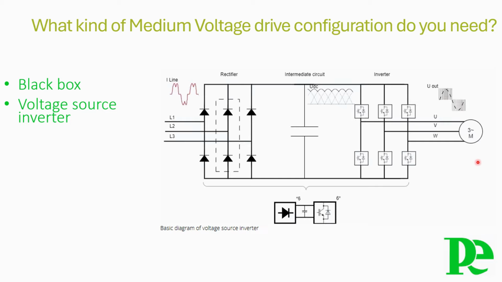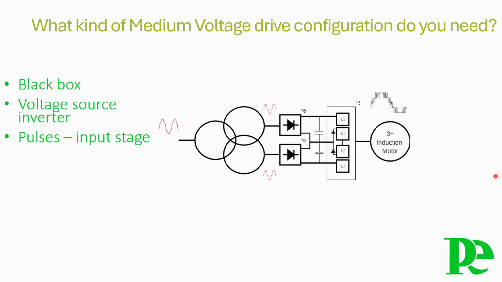In fact, when referring to a 6-pulse drive, we relate to a standard rectifier bridge containing 6 diodes, resulting in a 6-pulse DC voltage. The three-level drive depicted in this figure is made up of 2 6-pulse rectifiers supplied by a 3-winding transformer.